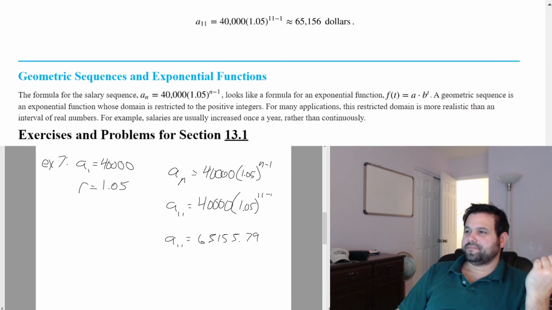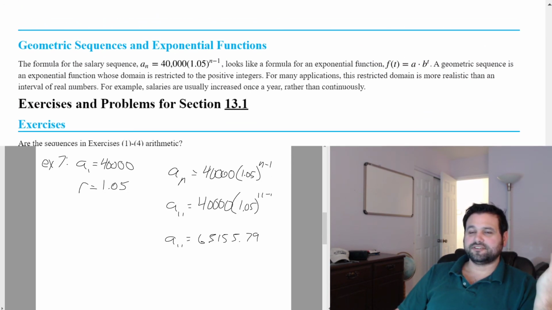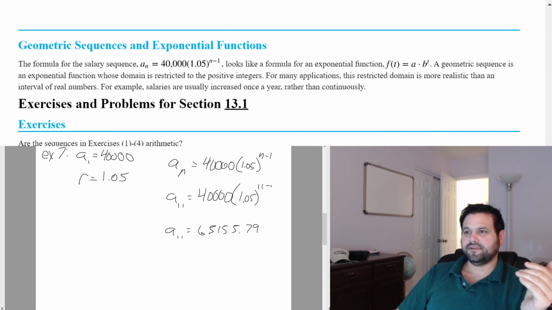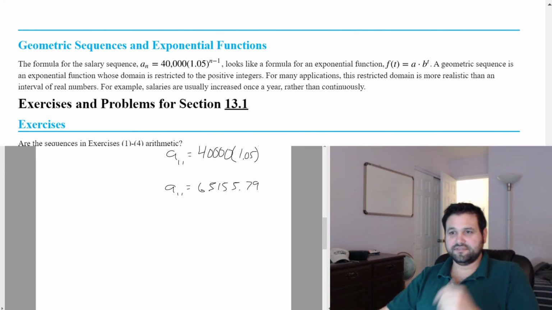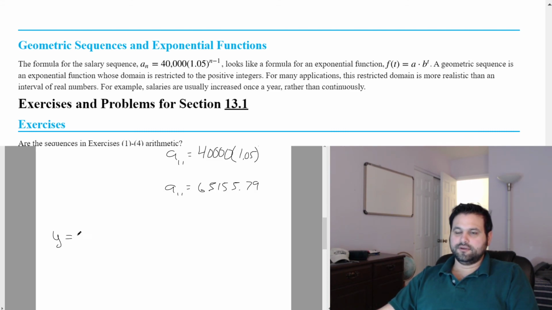So, connection between geometric sequences and exponential functions. Very similar to arithmetic sequences and linear functions, right? An exponential function is smooth and continuous. It's that individual line, right? If I do something like y equals 2 times 5 to the x minus 1 versus a sub n equals 2 times 5 to the n minus 1.